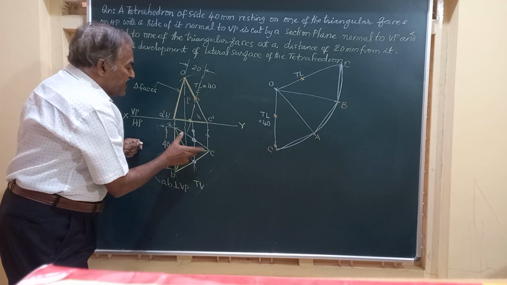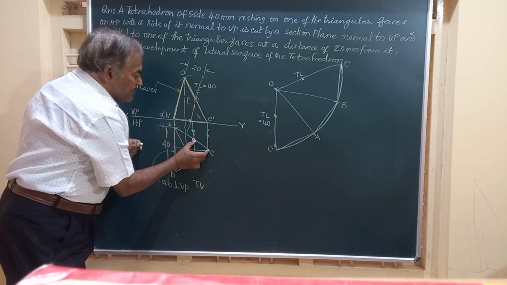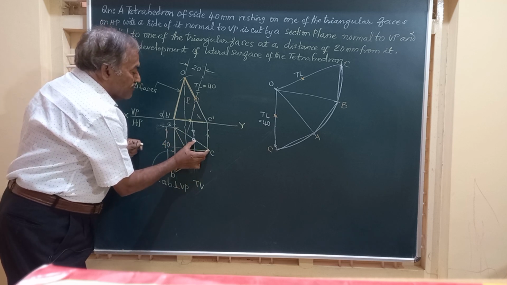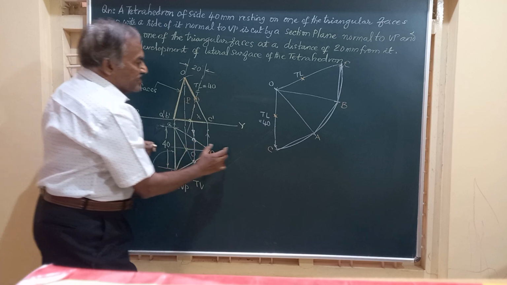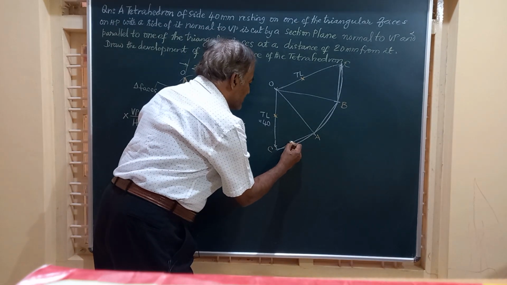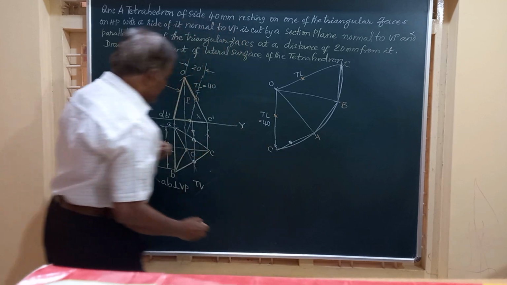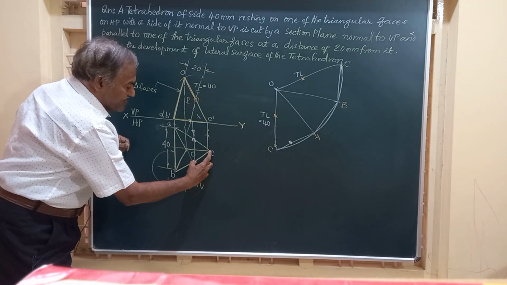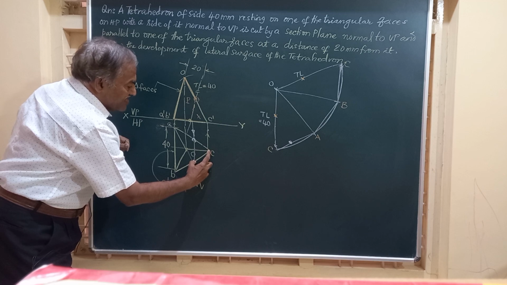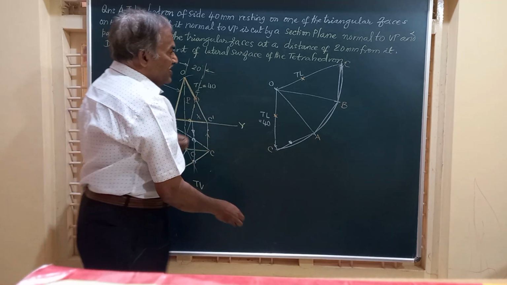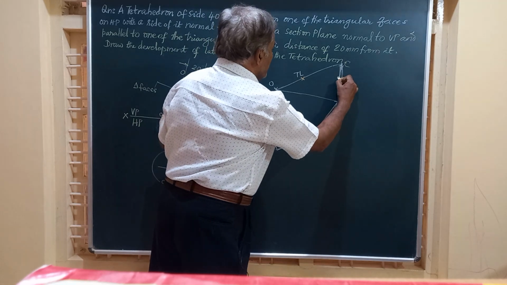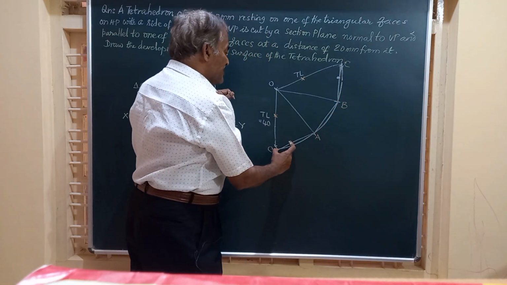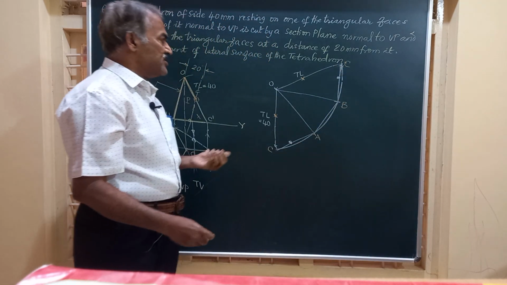So on AC, say from C, take this measurement and mark on AC near to C. So you are going to get a point here. Similarly, on BC at the same distance from C, take this distance and mark on BC near to C. Friends, this distance and this distance are the same.